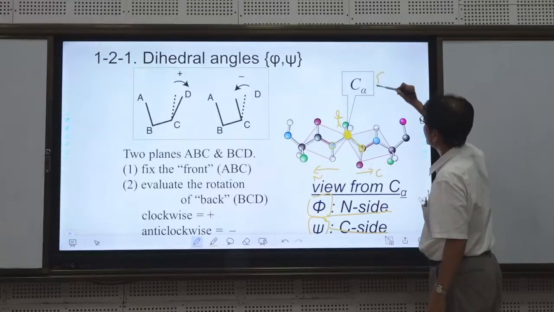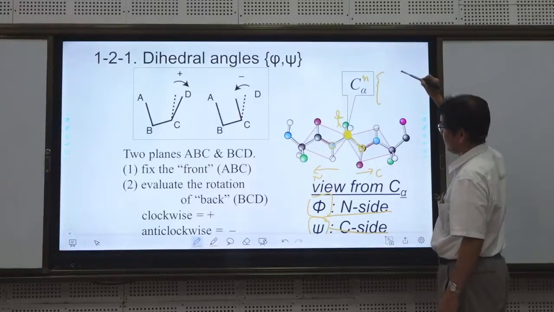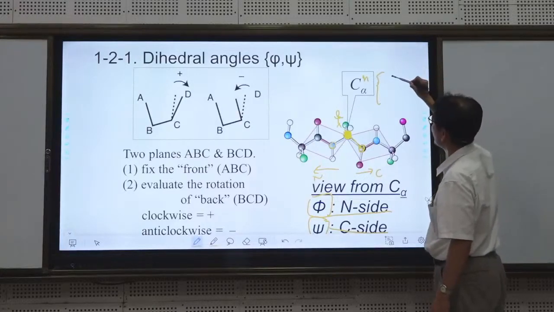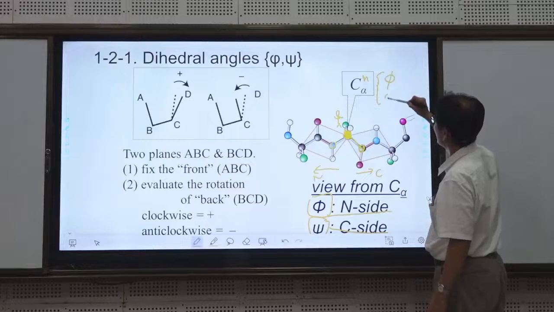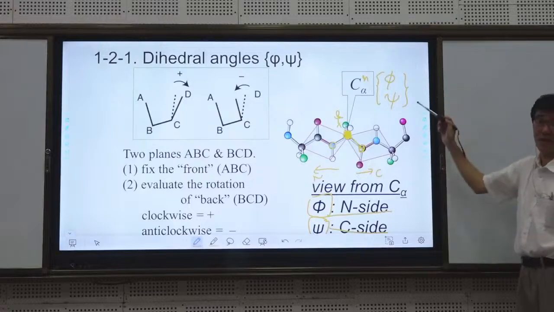So, for each nth carbon alpha, we can define two dihedral angles, psi and phi.